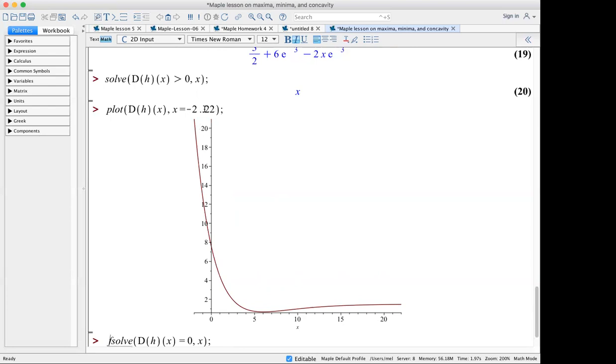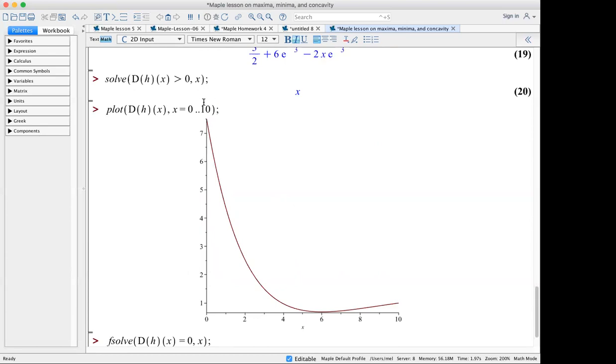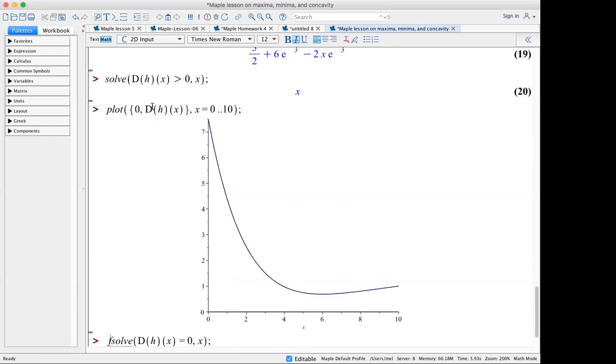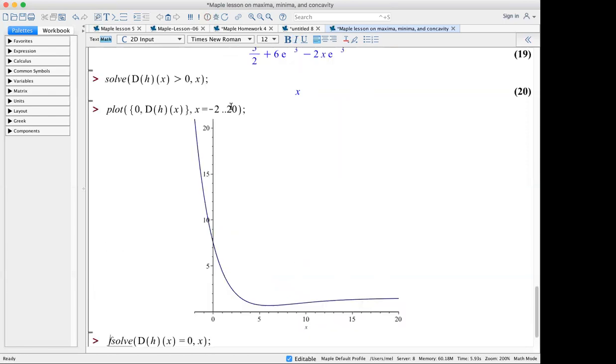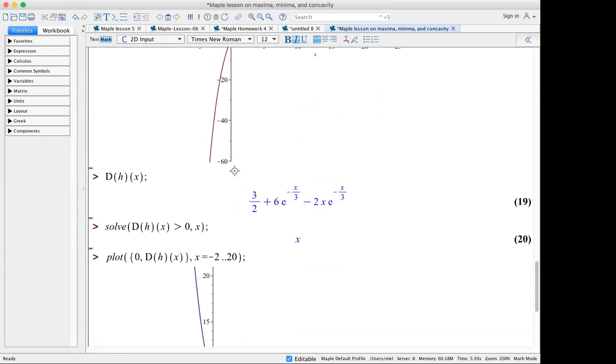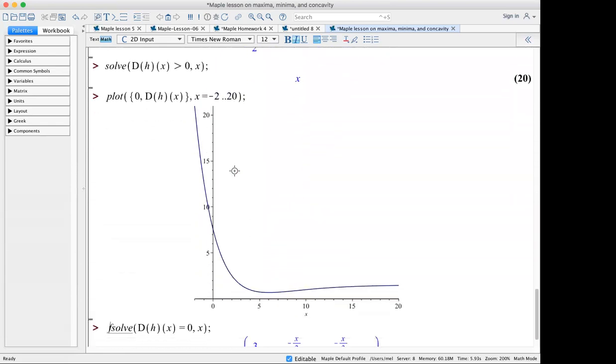This is clearly greater than 0. So this function is strictly increasing.